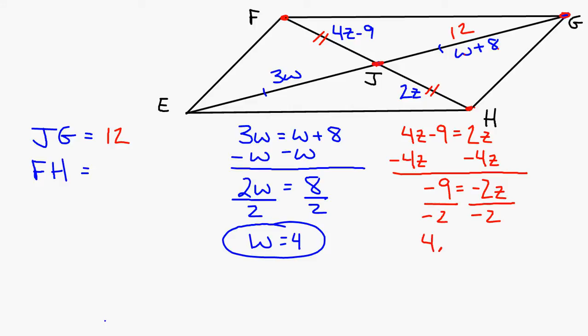So 4.5 is equal to Z. If 4.5 equals Z, you can substitute it. What's 2 times 4.5? 9. And if you take 4 times 4.5, that's going to be 18 minus 9, which is another 9. So they asked you for the distance from F to H. So that would be 18.